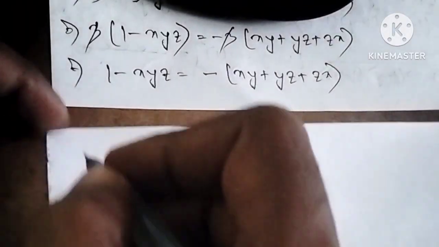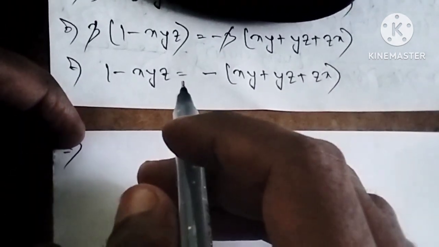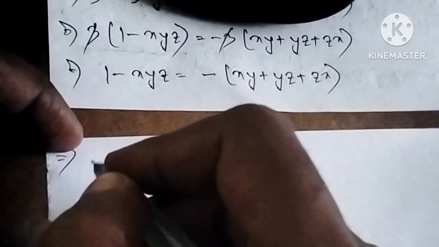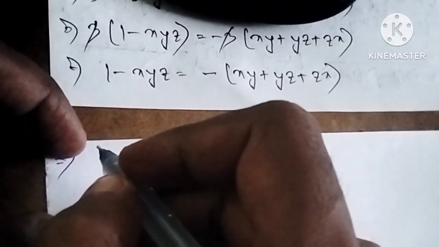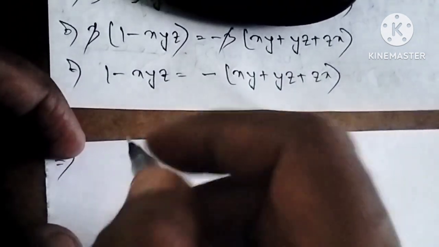So now, what we can do, this minus from the right hand side will come to the left hand side.